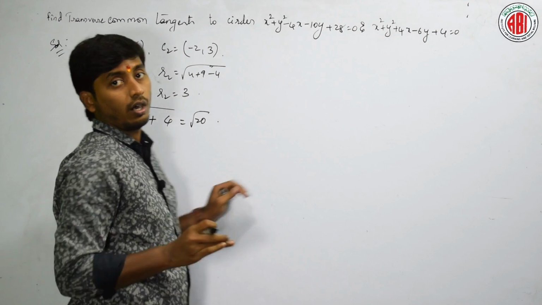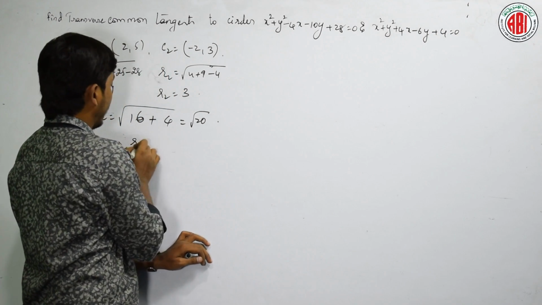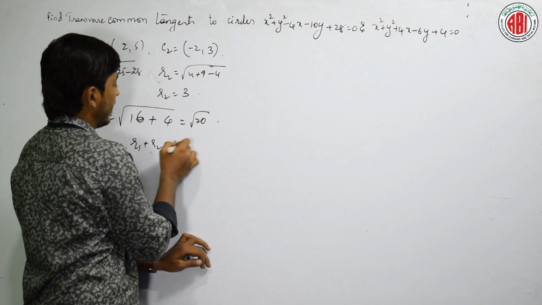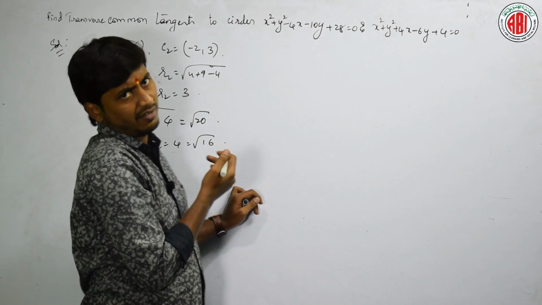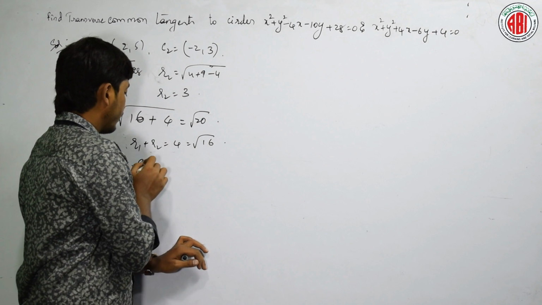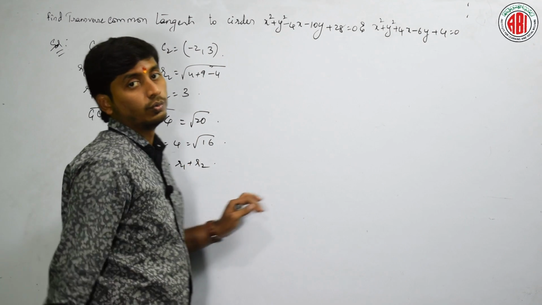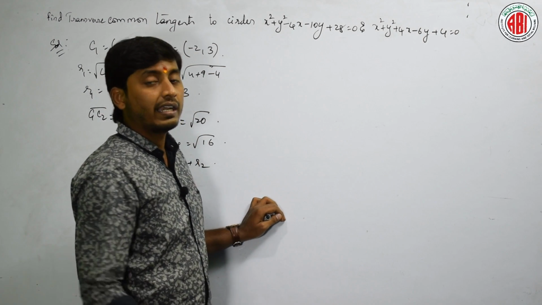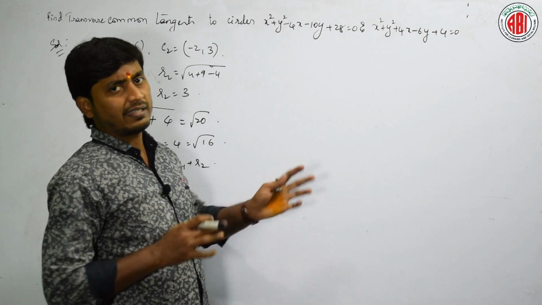That is 4. Let us write it as square root of 16. Which is more? Obviously the distance C1 C2. Therefore, C1 C2 is more than R1 plus R2. So, we can directly write that both the circles do not touch each other. So, again the same process.